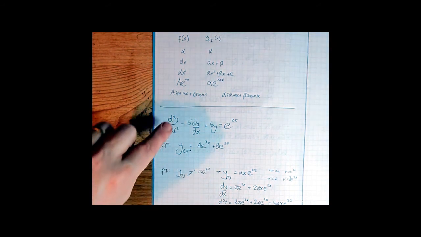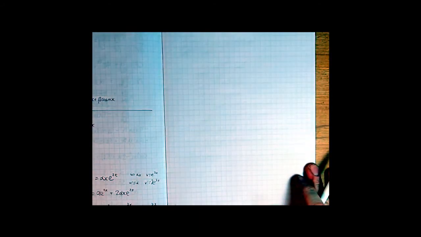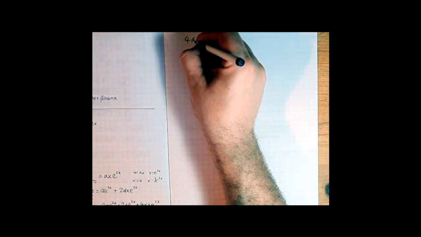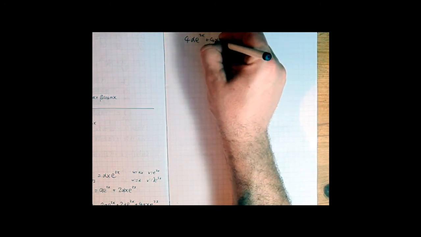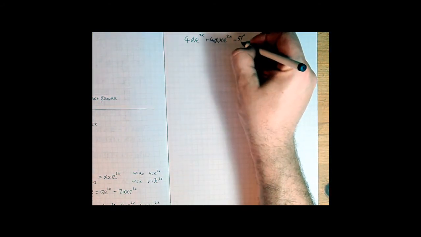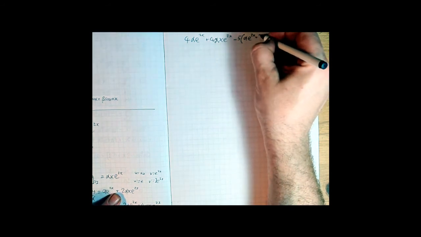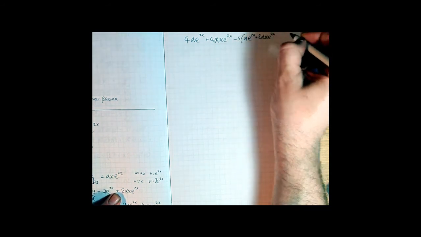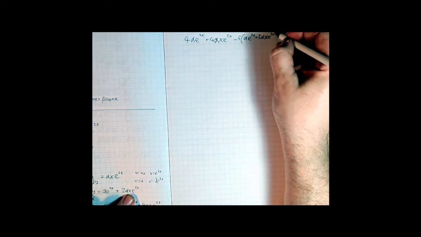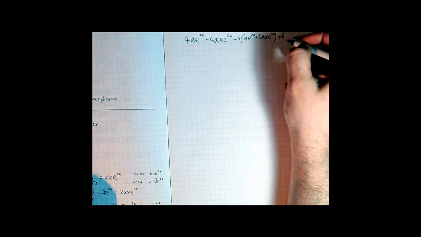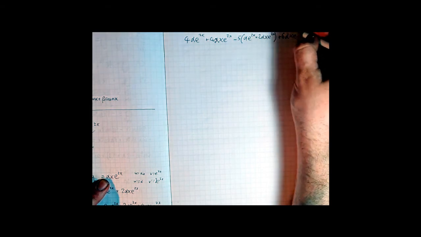And if I sub these into the original equation, we'll see that it works. I know you can't see the left-hand side, but I'm copying it out correctly. So 4 alpha e to the 2x plus 4 alpha x e to the 2x minus 5 lots of alpha e to the 2x plus 2 alpha x e to the 2x plus 6 lots of alpha x e to the 2x.